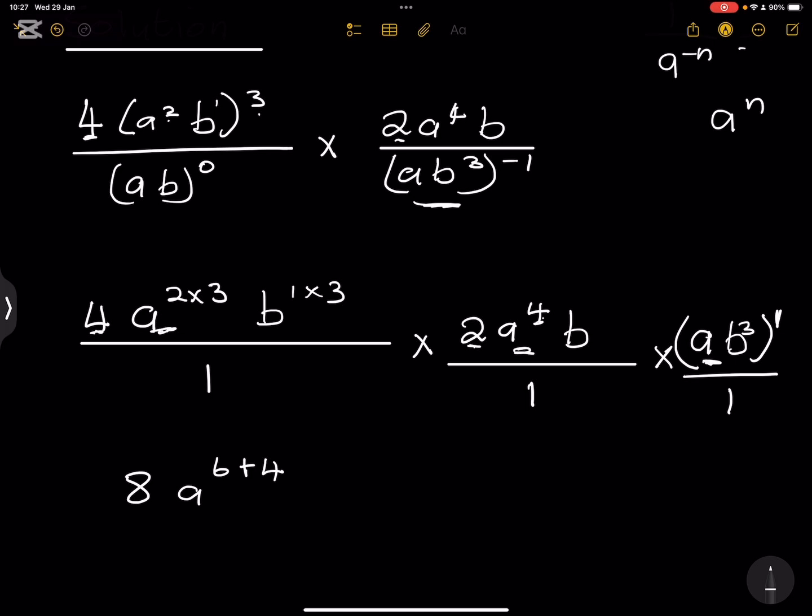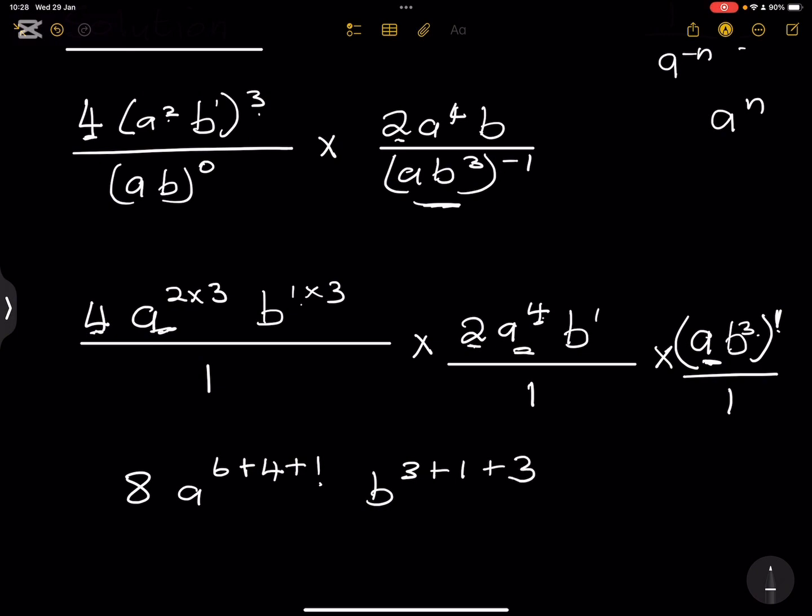Remember, a there is to the power of 1, so I'm going to say plus 1. And what about b? I'm going to have 1 times 3 gives me 3, and b raised to the power of 1, so this is plus 1, and that's 3 times 1, so that will be b to the power of 3.